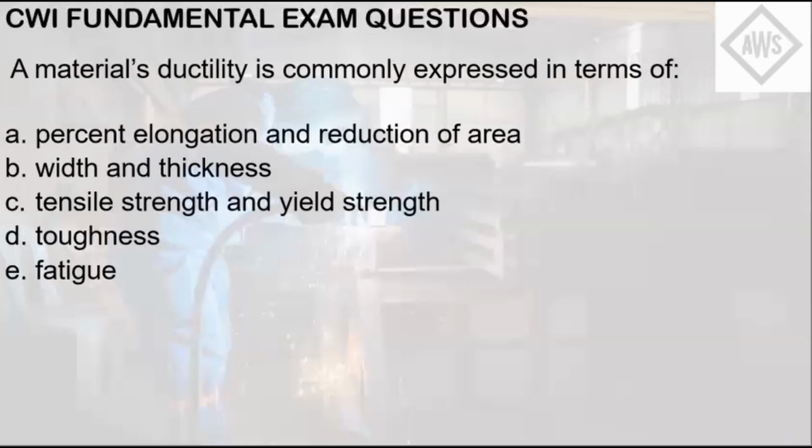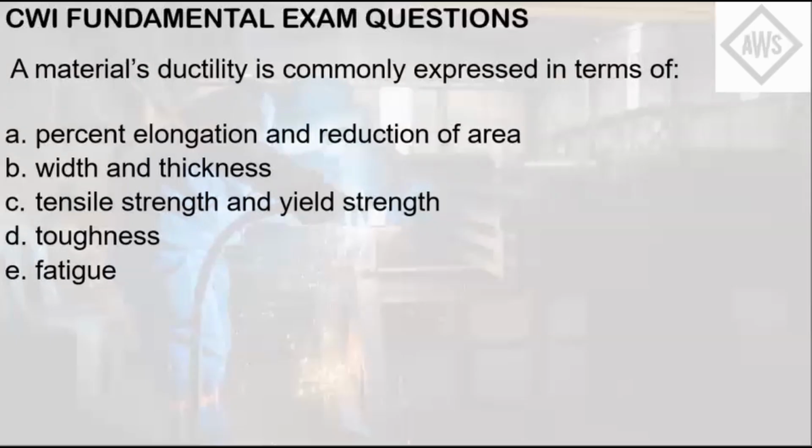Letter C, tensile strength and yield strength, is just the ultimate strength and the yield strength and doesn't measure the ductility of the material. Letter D, toughness, is the resistance of a material against impact. And letter E, fatigue, refers to the effect of the repetitive loads imposed on the material.